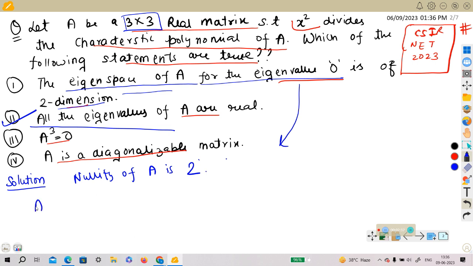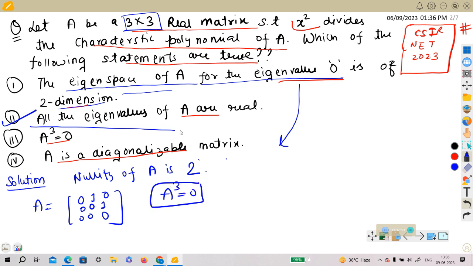This is a very simple, famous example of a nilpotent matrix. Say 0, 0, and we take 1, 1 here, 0. Okay, this is a matrix such that A cube is equal to 0. So x square divides the characteristic polynomial.